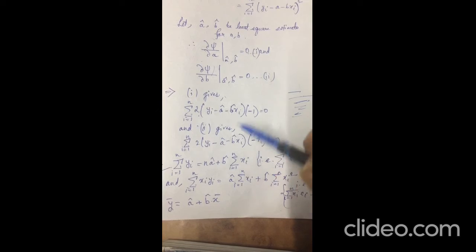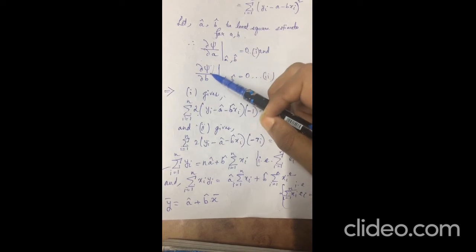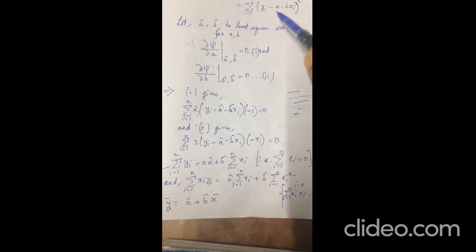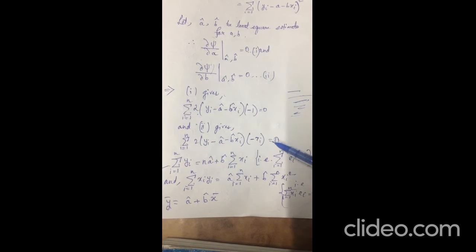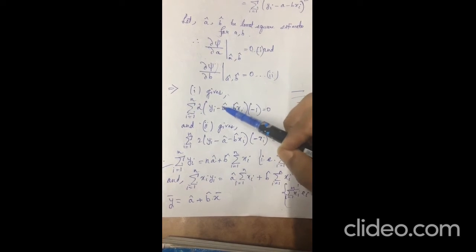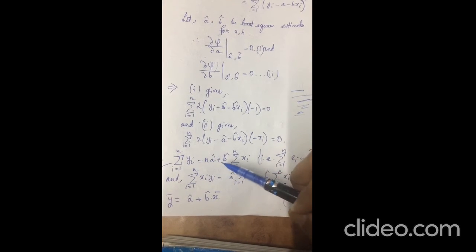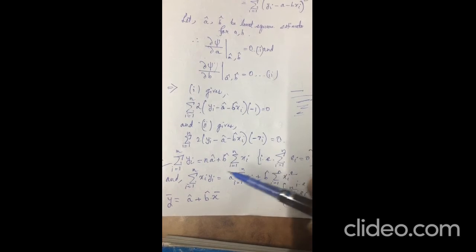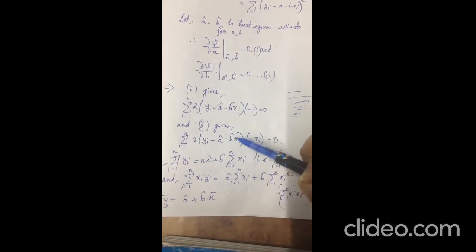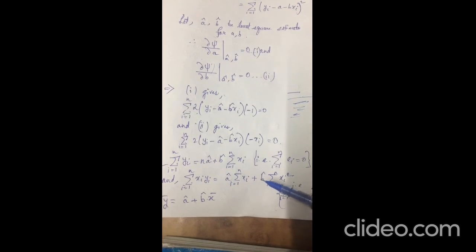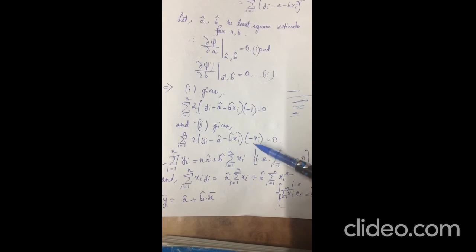For the second one, when we take the partial derivative with respect to b, we get 2 times this function and a minus xi, since b gets differentiated, and that is equated to 0. From the first equation we get summation yi equal to n a cap plus b summation xi, and from the second one we get summation xi yi equal to a summation xi plus b summation xi square.